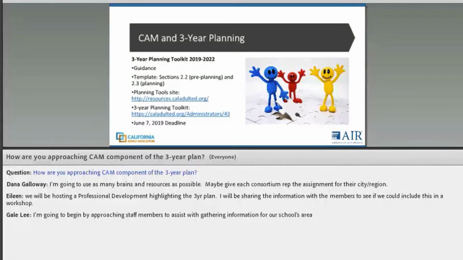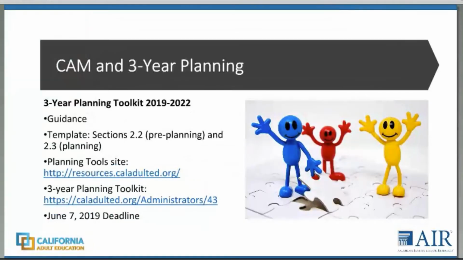For your 3-year planning, you've been given several components that compose what I'm calling your toolkit for 2019 to 22. You were given the initial guidance that was shared with you in the fall. You were given the template that was shared shortly after that, and specifically sections 2.2 on the pre-planning and 2.3 on the planning really relate directly to community asset mapping.